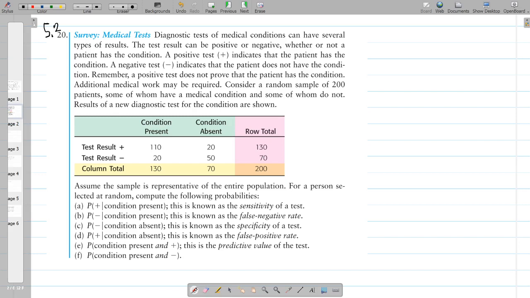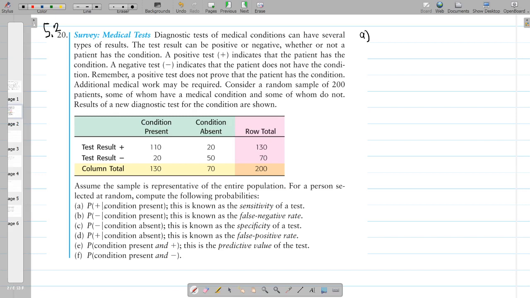So let's look at A. Looking at A, what's the conditional probability? See this bar in A, we have this given. So it's the conditional probability of a positive given the condition is present. A good way of thinking about these is, as in a video, to think of the reduced sample space.